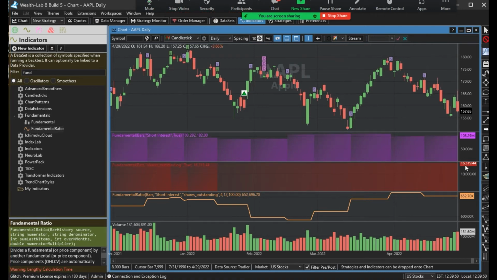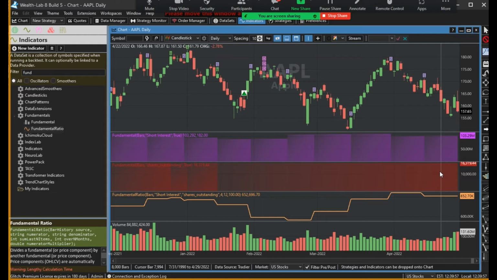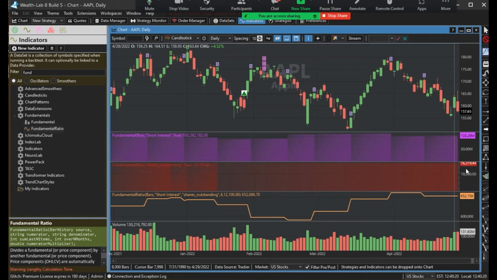Obviously Apple has more than 16. I think the ratio should give a percentage, which is something between 0 and 100, right? Yeah, I mean, the way this provider, is this Morningstar? Or no, this is YCharts. It looks like the way YCharts is giving this information is probably in millions. Or what do you think, thousands? Thousands, maybe. So there's some.